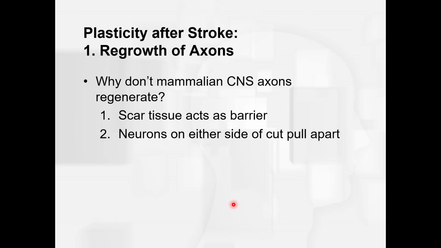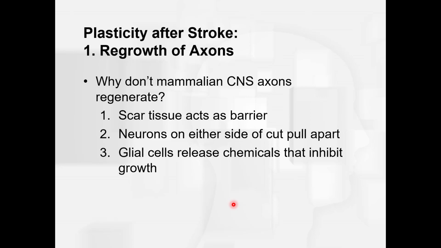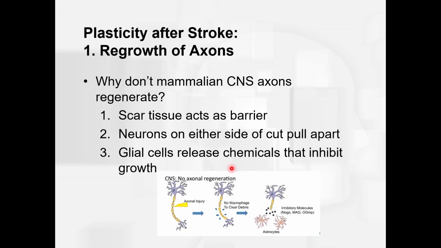Sometimes the neurons on either side will pull apart, so that even if there was a potential for regrowth, they're not going to connect in the right way. And as you saw on the previous slide, those glial cells release chemicals that inhibit the growth. That's what this is showing you here, and I'm not going to hold you responsible for knowing those names.